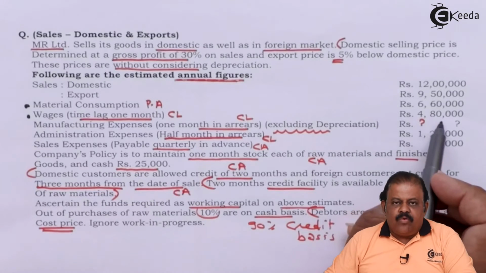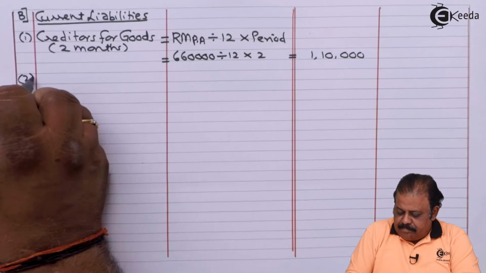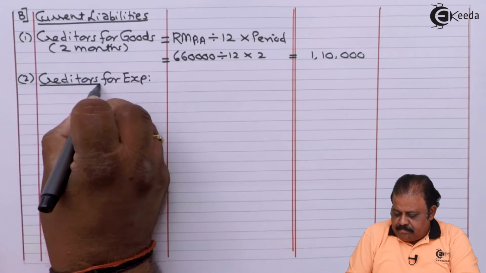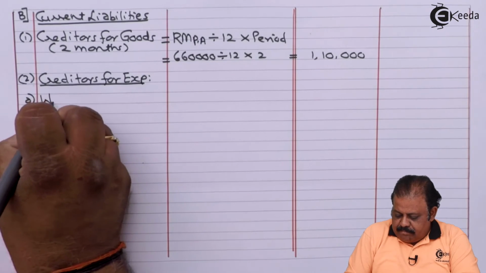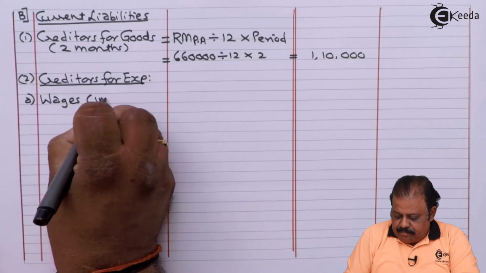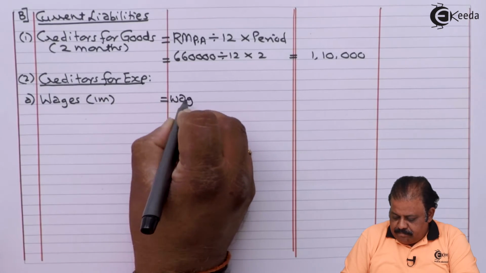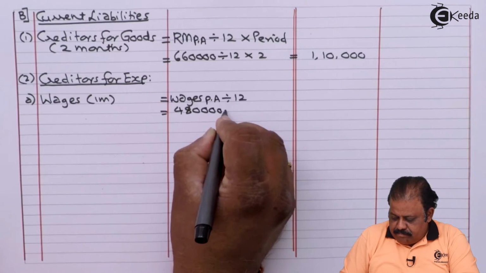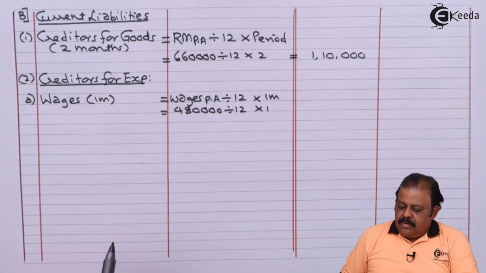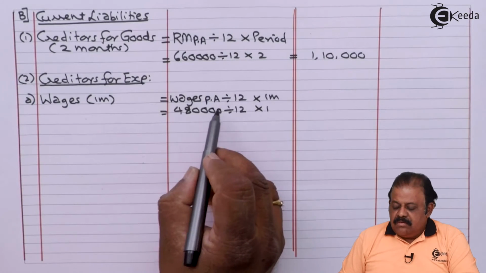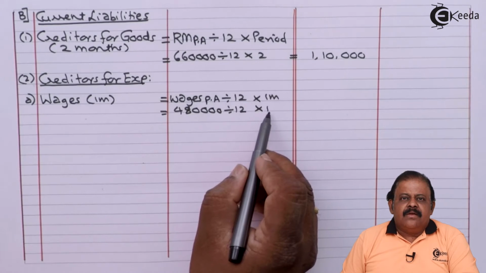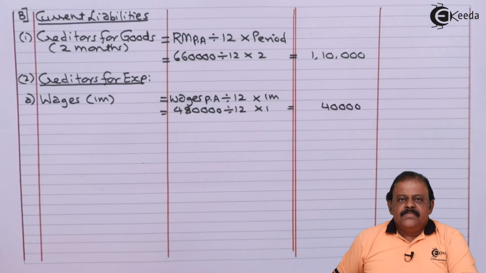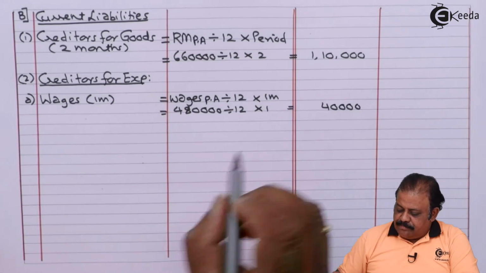Total wages paid 4,80,000 per annum. Wages per annum 4,80,000 divided by 12 multiplied by period 1 month. So it will be rupees 40,000.